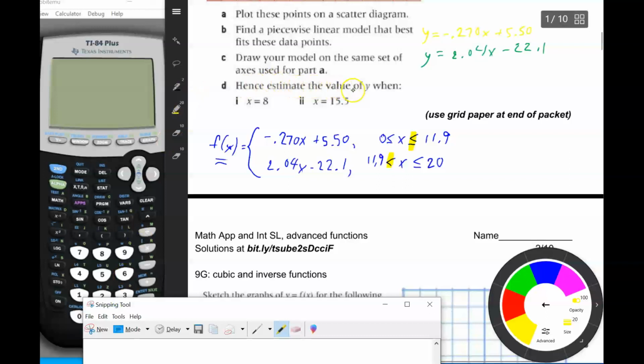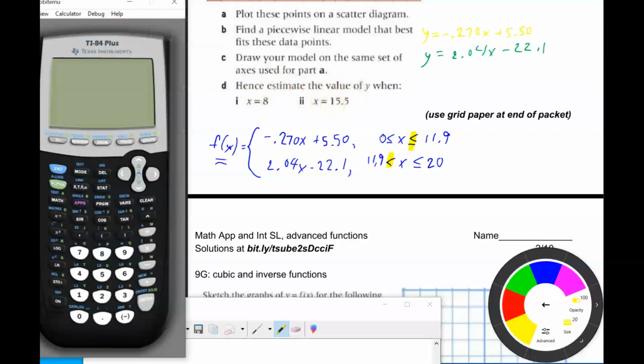Hence, estimate the value of y when x equals 8 or when x equals 15.5. So we could do that using the calculator trace function, right? So let's do trace here. And it's saying trace with the function y1, which is the first one.